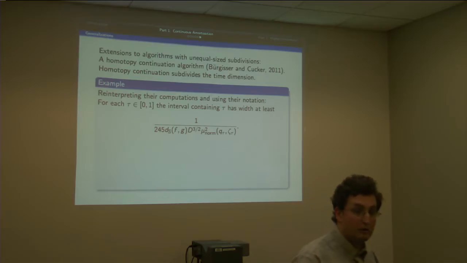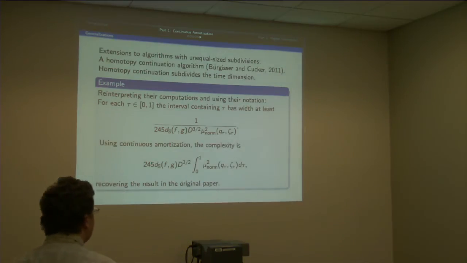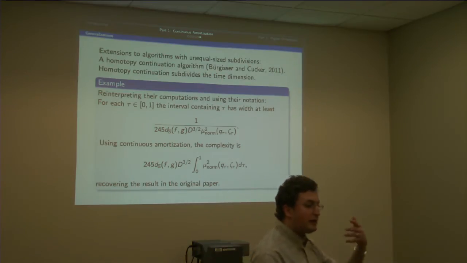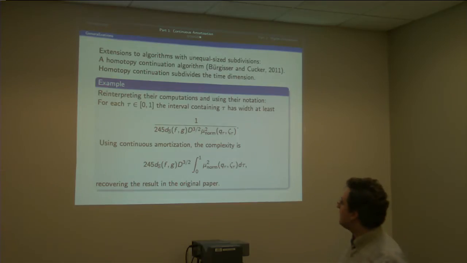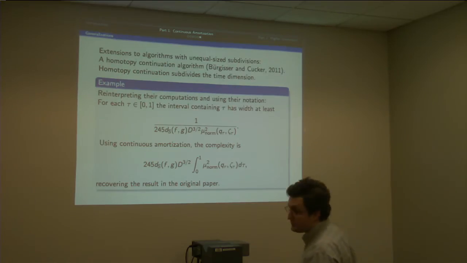You're going to be able to do your corrector method and it's all going to be okay. Now, if you use continuous amortization on it, you get this, which is exactly the bound that they got in their paper. So I'm not doing anything here except taking their result, thinking about it as subdividing my time domain, and applying continuous amortization and getting the original result.